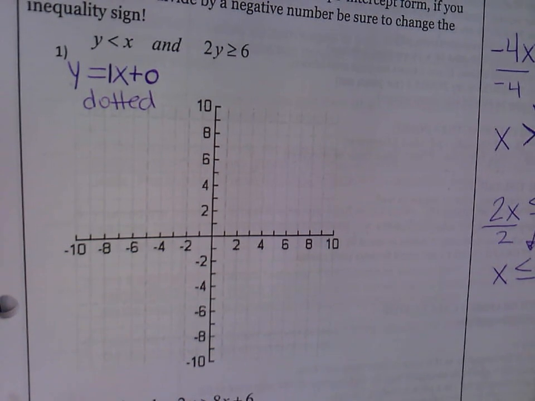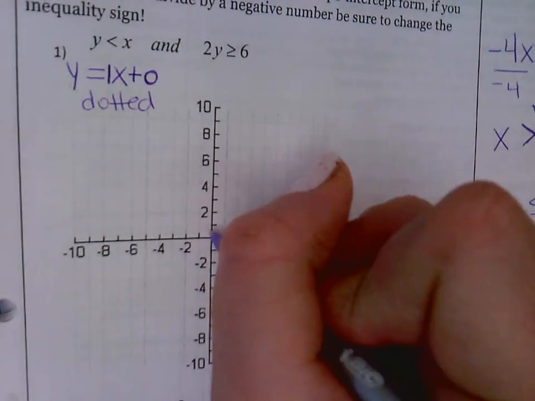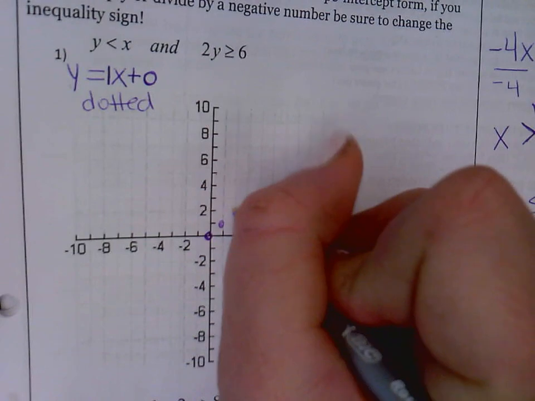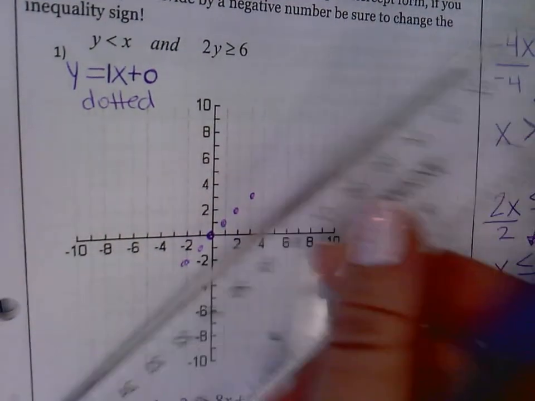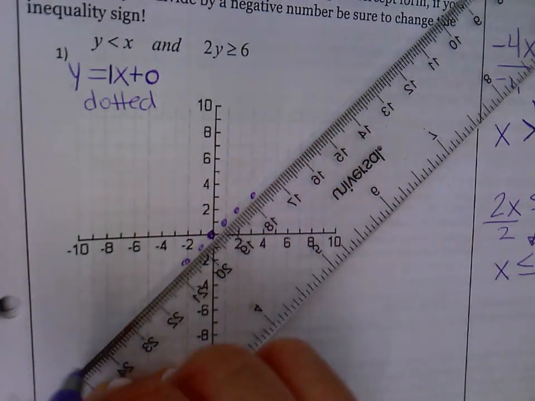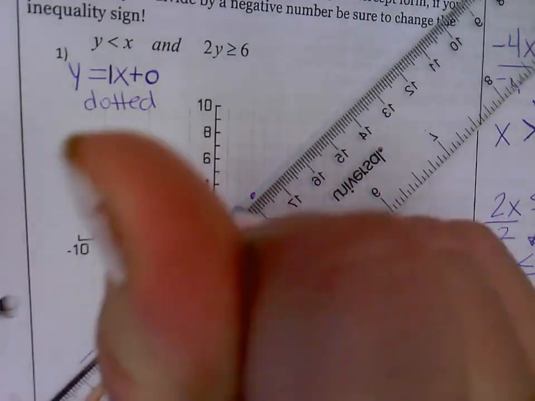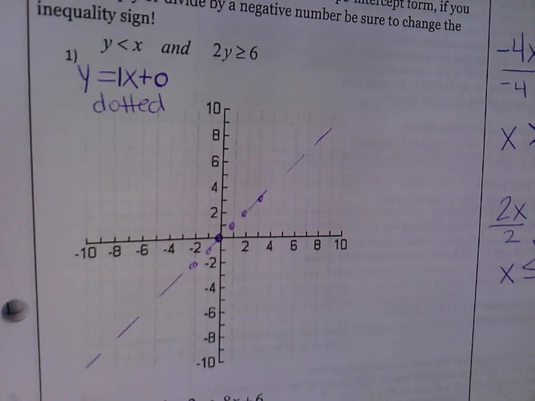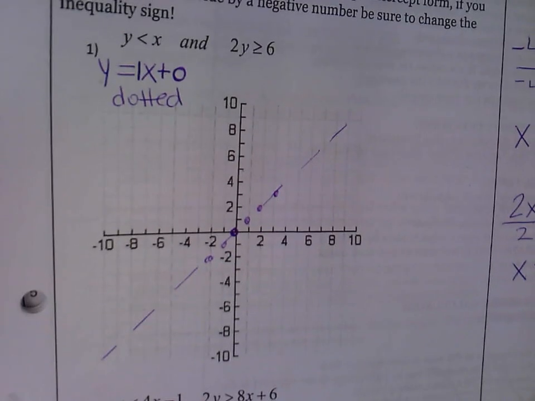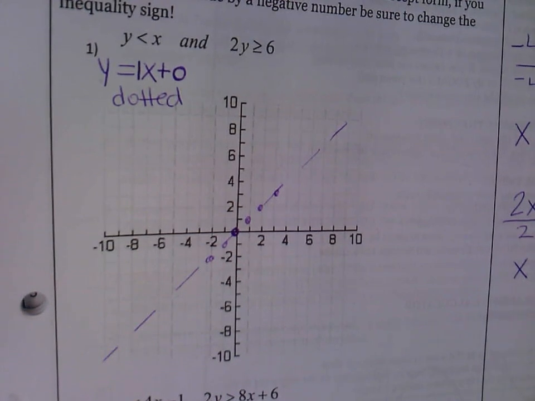How do I graph that line? I start at 0 on the y-axis, and I go up 1 over 1, and I'm just going to extend it all the way across the whole graph. Dotted all the way across the whole graph. Okay, should I shade above or below this line? If I read this inequality, which one is bigger, y or x?